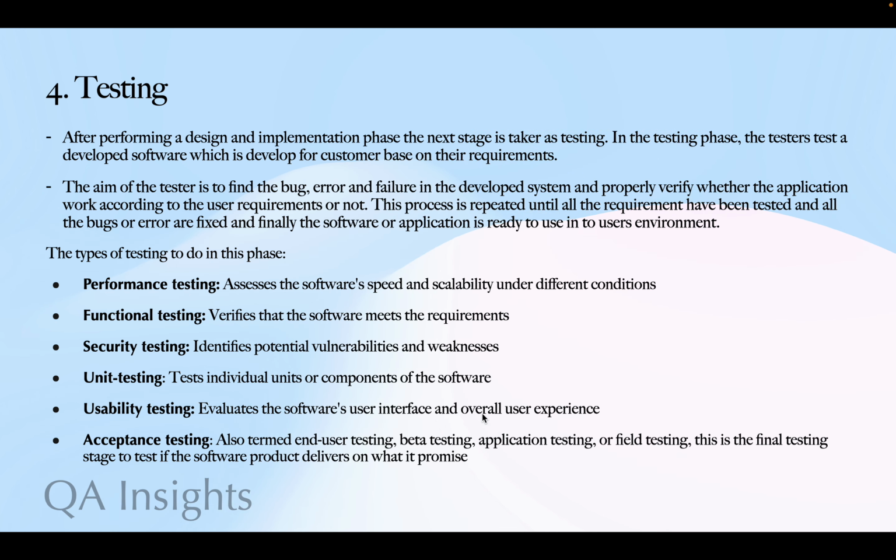Usability testing is very important as well, to check that the software is user friendly, and the overall user experience as well. Acceptance testing, also termed end user testing, beta testing, application testing or field testing, is the final testing stage for the tester to see if the software product delivers what was promised.